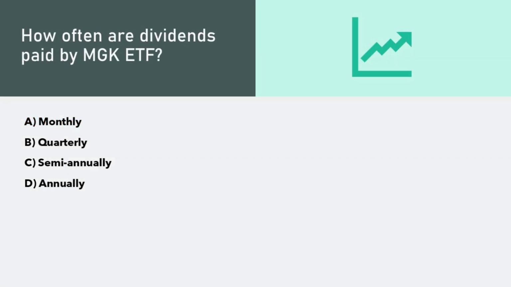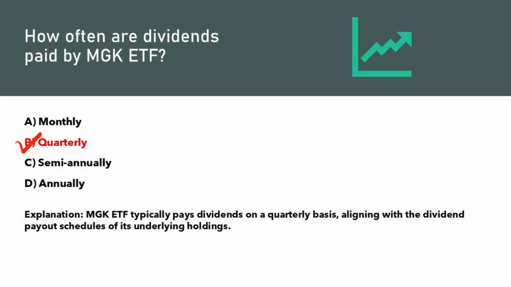How often are dividends paid by MGK ETF? Answer: B. Quarterly. Explanation: MGK ETF typically pays dividends on a quarterly basis, aligning with the dividend payout schedules of its underlying holdings.